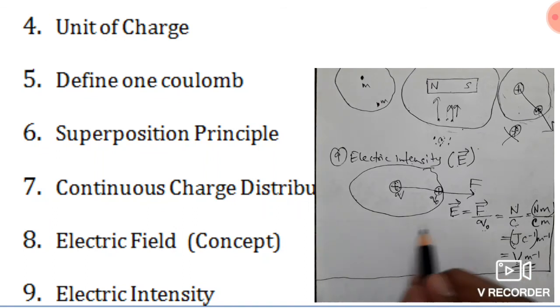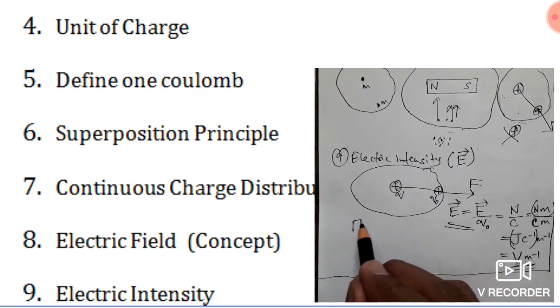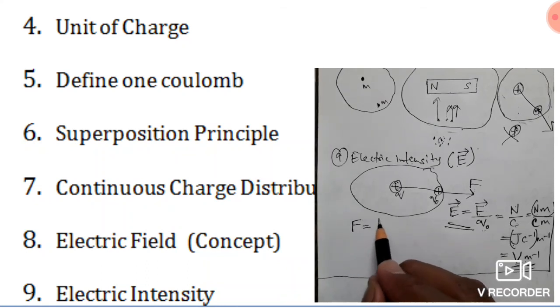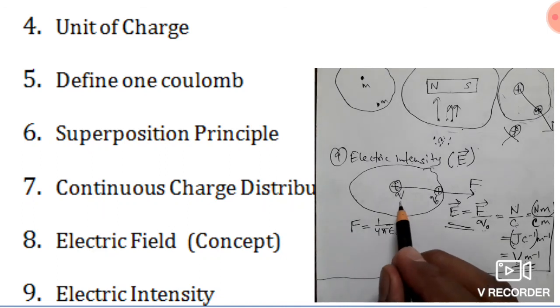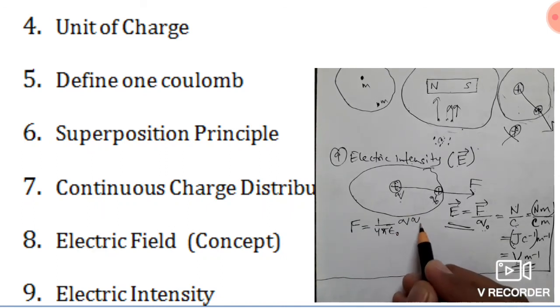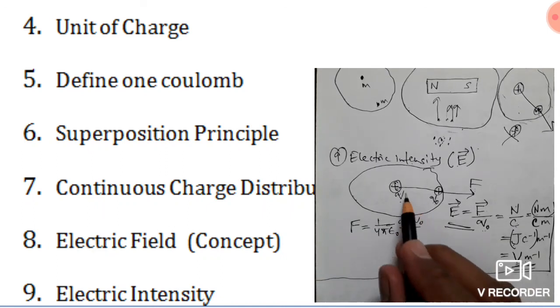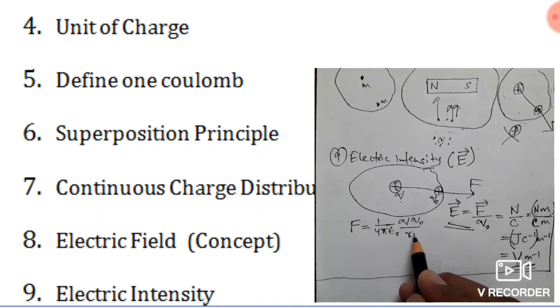So what will be the expression for electric intensity? We know that Coulomb's law in scalar form is F equal to 1 by 4 pi epsilon 0 Q Q naught, and the distance between them, if it is r, then r square. So electric intensity E is equal to F by Q naught.